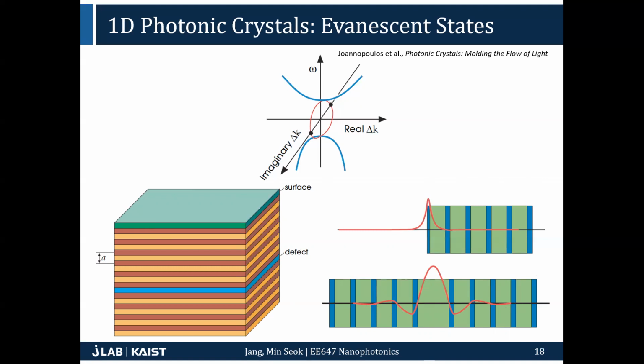So how can we excite the defect mode? This is a good question. There are many ways, but one thing you can think of is to put, for instance, an emitter here, like a light emitting molecule, and then you shine light from the outside.